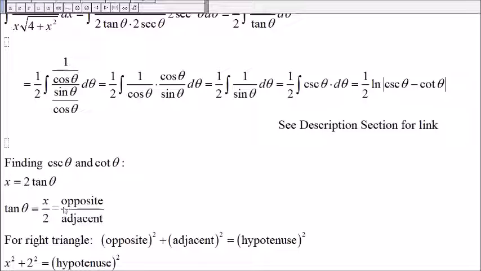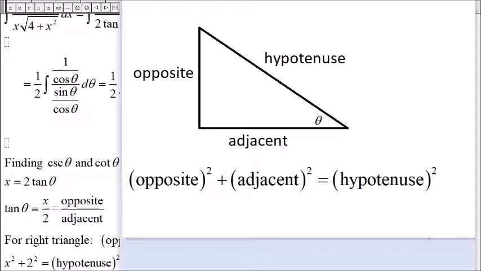Tangent of theta, by definition, is opposite over adjacent. So this is the angle theta, this is the opposite side, this is the adjacent side, and this is the hypotenuse. From the right triangle, we know that the opposite side squared plus the adjacent side squared is equal to the hypotenuse squared.